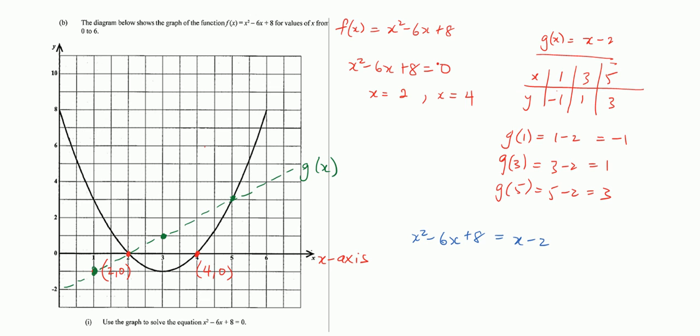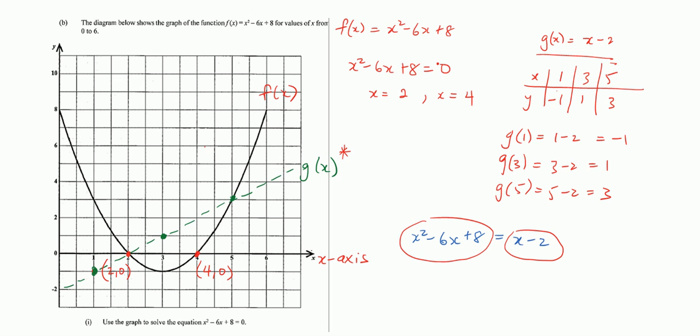But what you'll realize is that the left-hand side of this equation, x squared minus 6x plus 8, is this graph here. This is f of x. x minus 2 is g of x. That's this graph here.